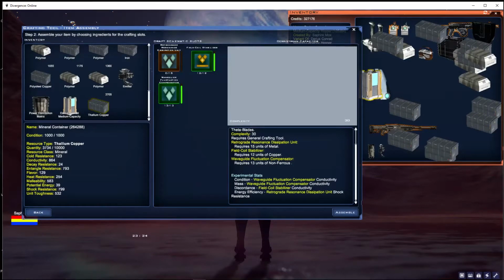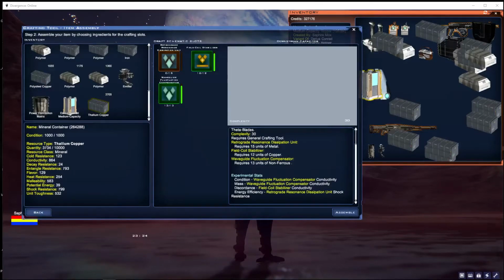I'm going to quickly switch over to my spreadsheet to ensure that I am picking the appropriate metal. So conductivity, copper.